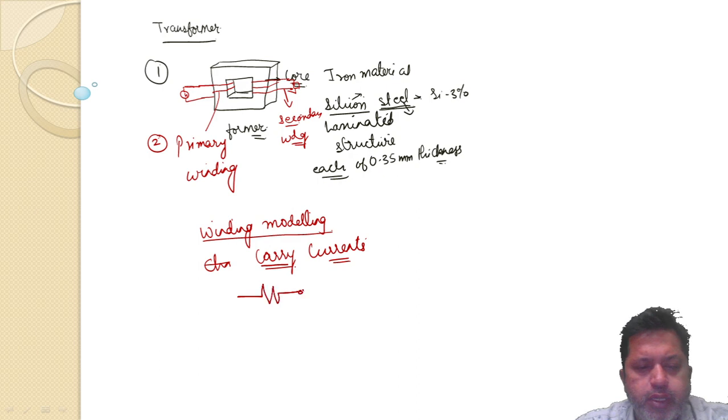Also, when this winding is wound on a former, whenever a current flows in a winding, there is a flux produced around it. So there is a flux linkage.